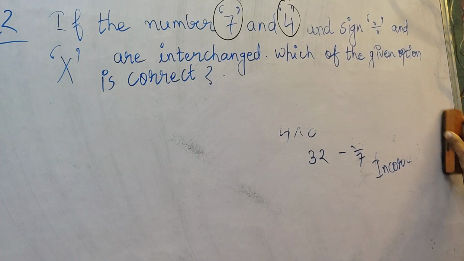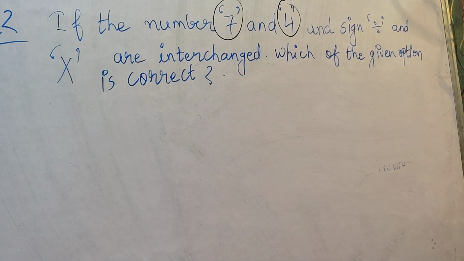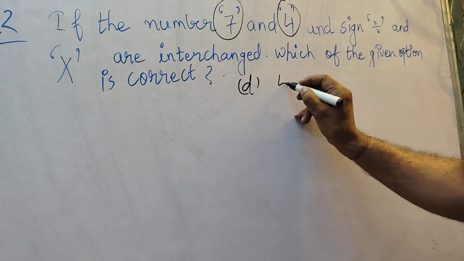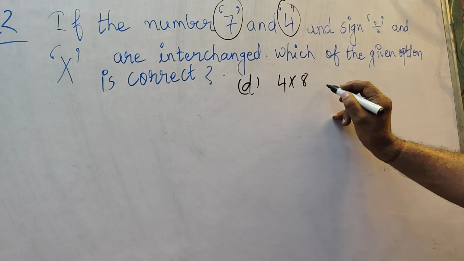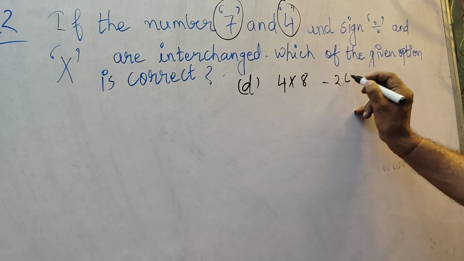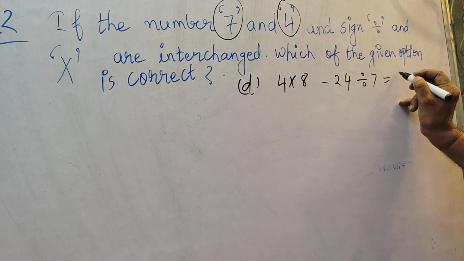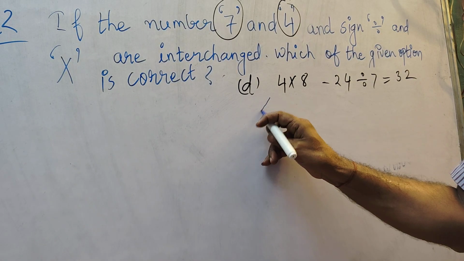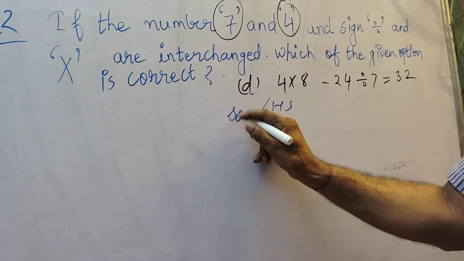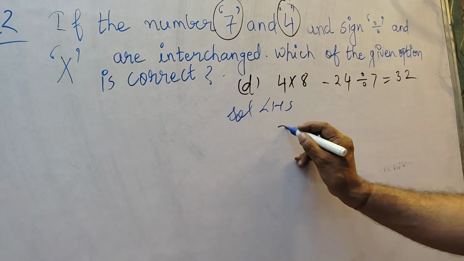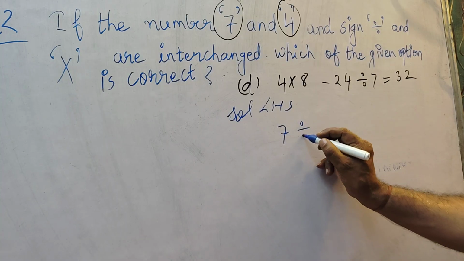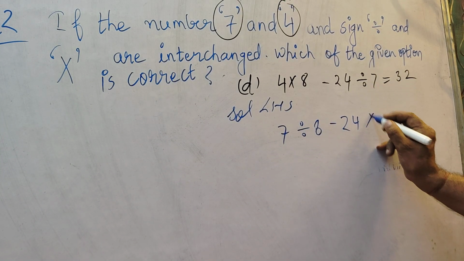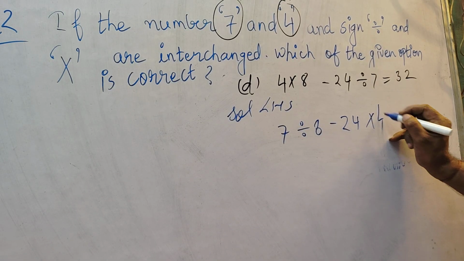Now come to D option. So last we also check D. 4 multiply 8 minus 24 divide 7 equal to 32. So in the solution of the left hand side, 4 is replaced with 7, multiply is replaced with divide, minus remains as it is, 24 remains as it is, divide is replaced with multiply, 7 is replaced with 4.